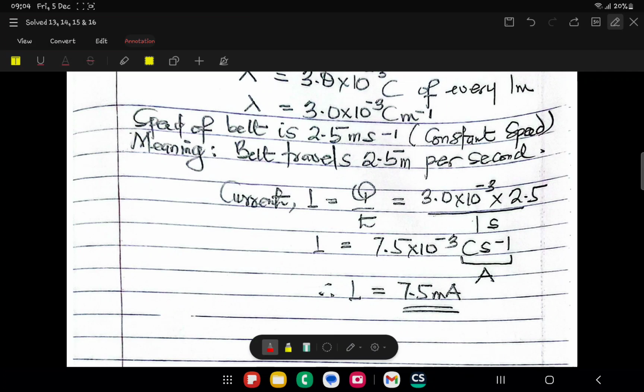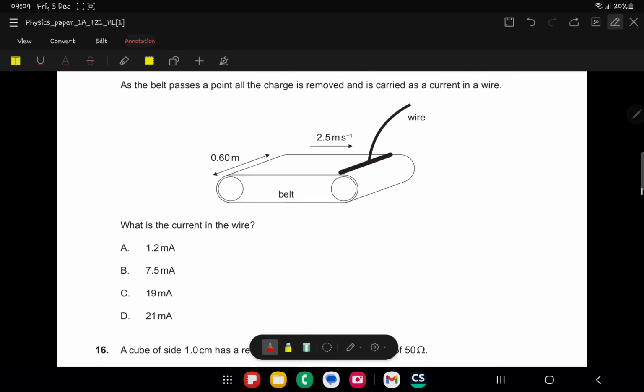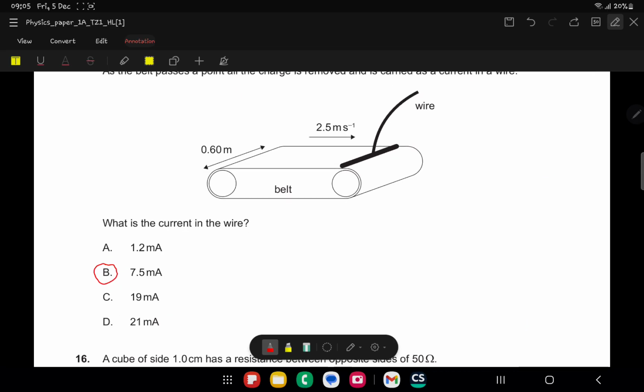Let's switch back to the question and see which one is our answer. We've already found it, so let's check whether it is among the possible answers. From A, B, C, and D, we realize that our correct answer is B. All right, see you in the next video.